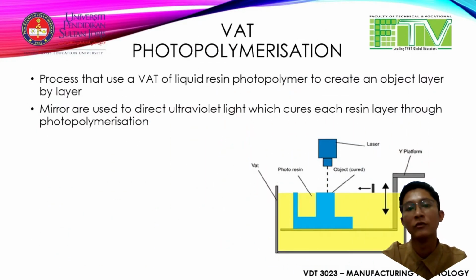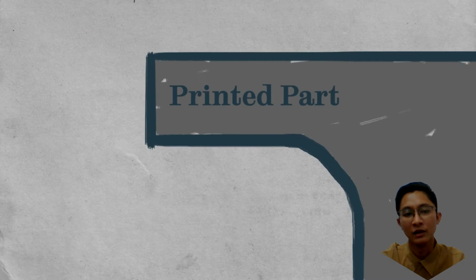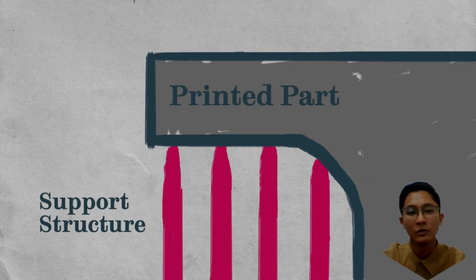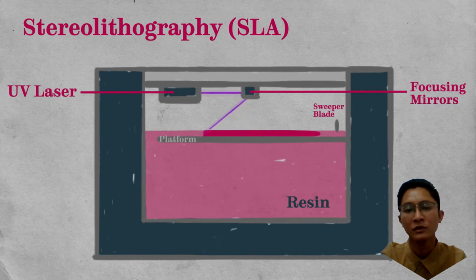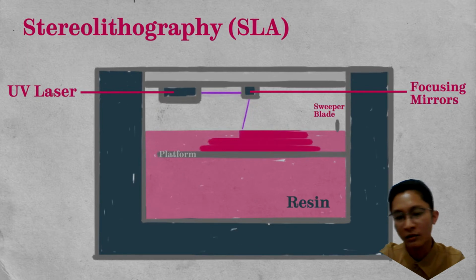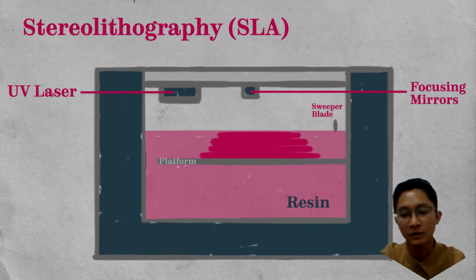The first, vat photopolymerization, is a process that uses a vat of liquid resin photopolymer to create an object layer by layer. Mirrors are used to direct ultraviolet light which cures each resin layer through photopolymerization. The radiation used in vat photopolymerization is UV, visible light, gamma ray, X-ray, and electron beams.